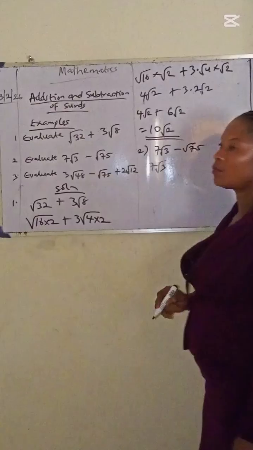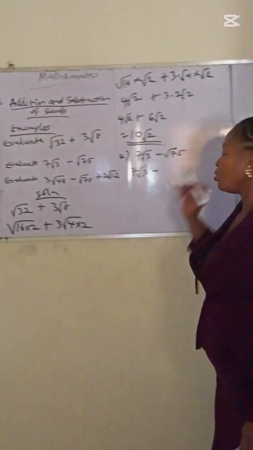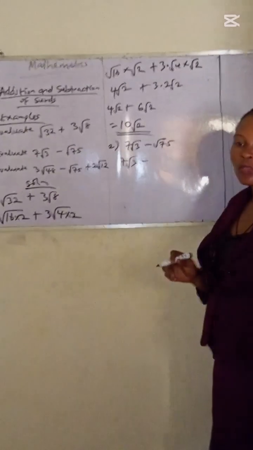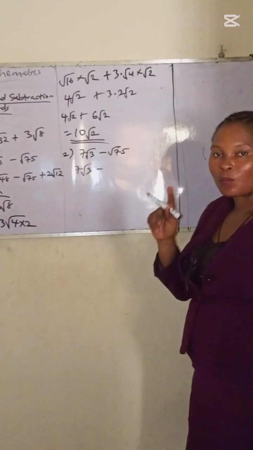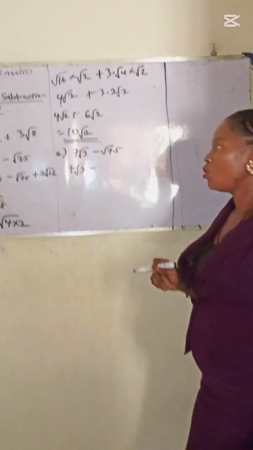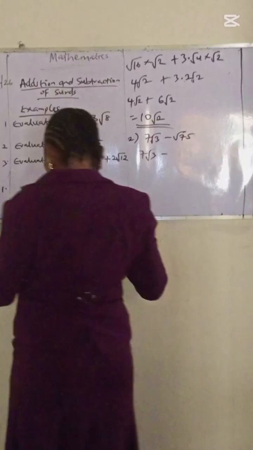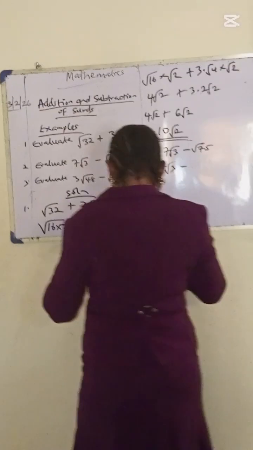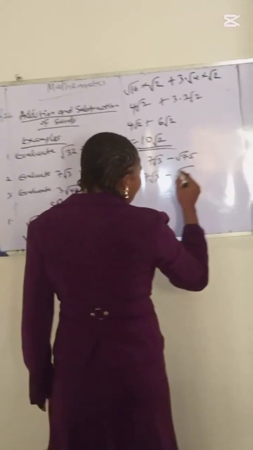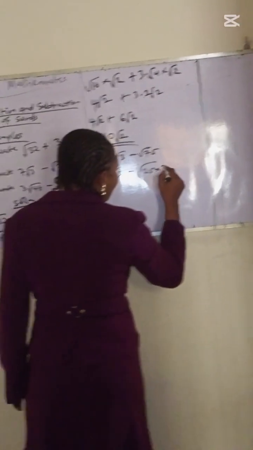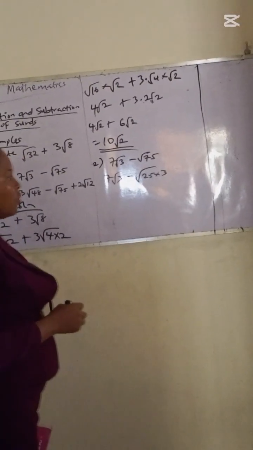So it's 7 sqrt 3. Then minus, we are going to look for the two multiples of 75, where one of them must have a square root. What are the two numbers that when we multiply them, will give us 75? We have 25 times 3. 25 times 3 will give us 75.